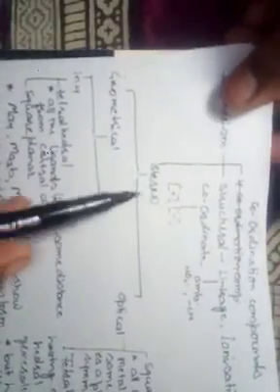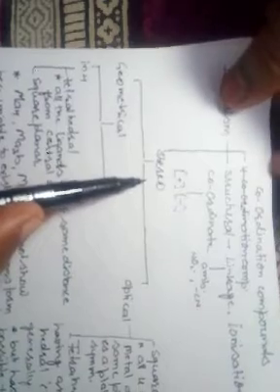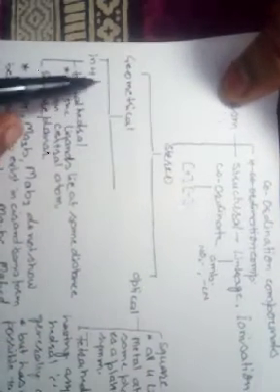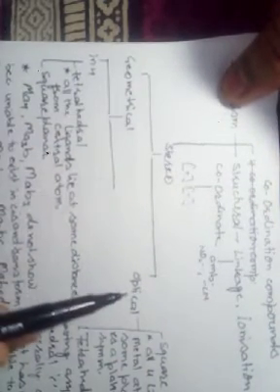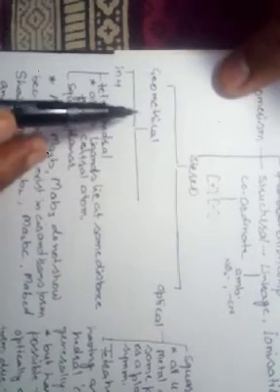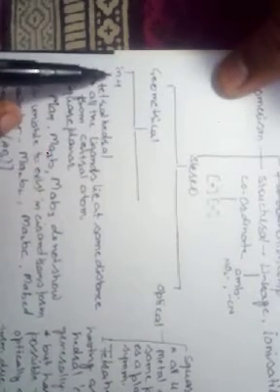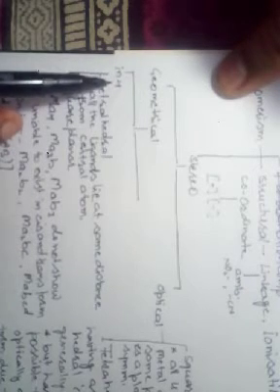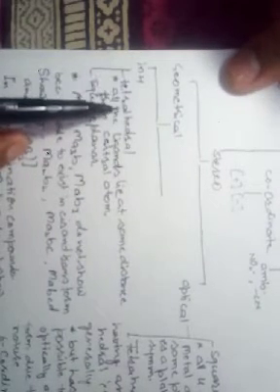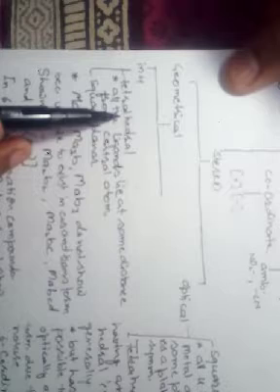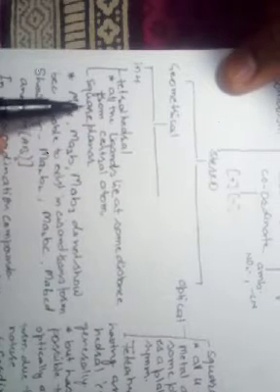Then stereoisomerism. Stereoisomerism has two types: geometrical and optical. First, geometrical isomerism in compounds with coordination number four. You know that four coordination number compounds have two types of structures: tetrahedral and square planar.